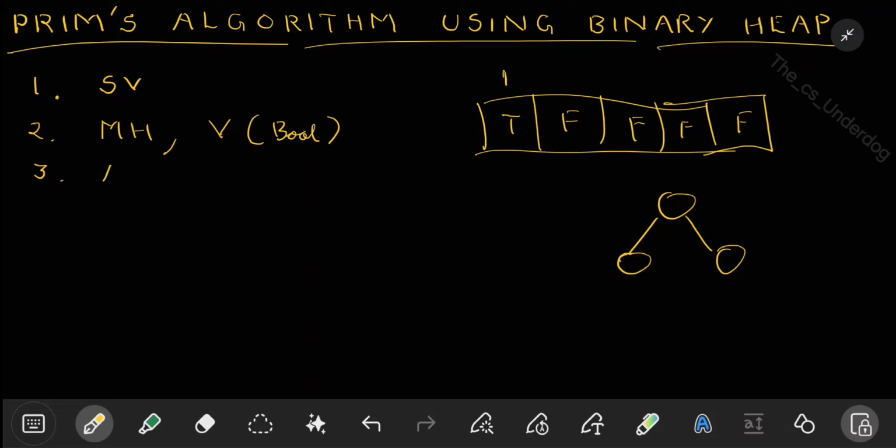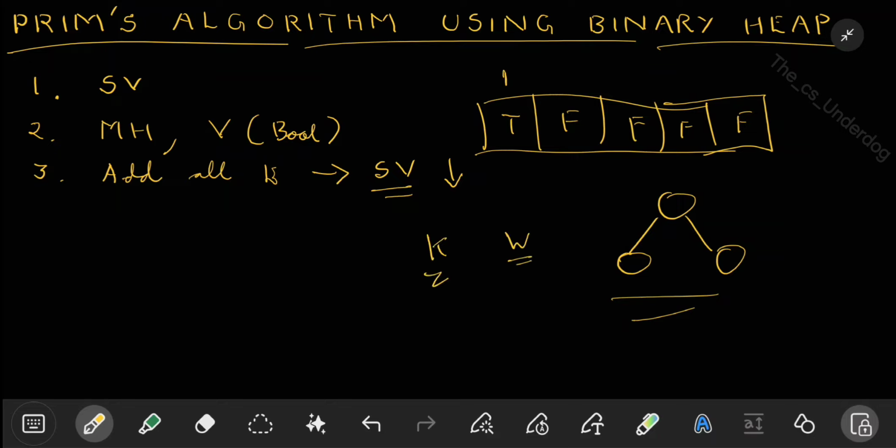The third step is to add all edges which are directly connected to the starting vertex to this min heap. Once you add them, remember that the key should be the weight of that edge. Based on the weight, you should be prioritizing those edges.